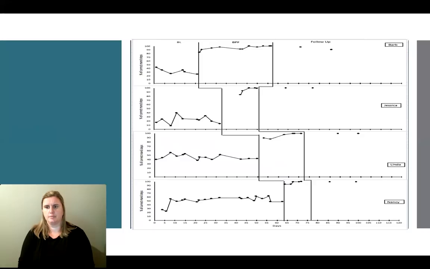Now, another component to take into account, which may speak of the powerful nature of this kind of intervention and the effectiveness of it, is that post-training, during follow-up, participants maintained really high levels of implementation fidelity, with only participant 1, Barb, showing a slight decrease in implementation fidelity. I believe it was from 100% or 99% to 91%. All other participants maintained optimal levels of implementation fidelity during the 2 follow-up sessions.